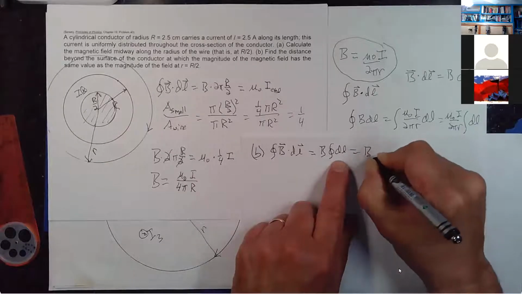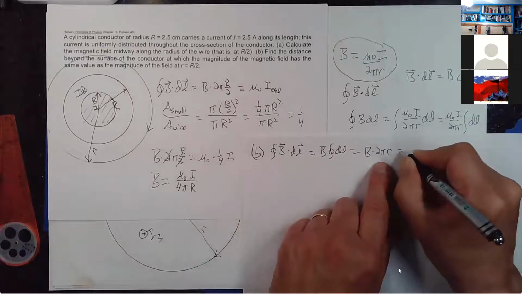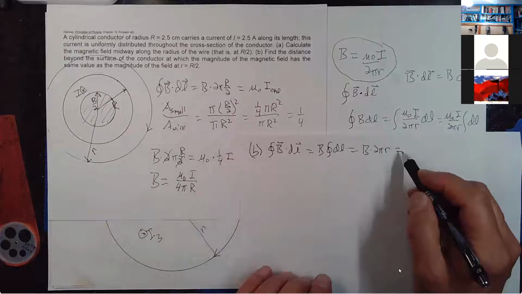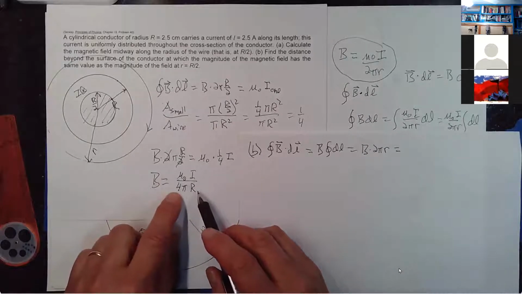So I'll have B times 2 pi r, but that will equal, well, I actually want this particular one to equal mu naught I over 4 pi r.